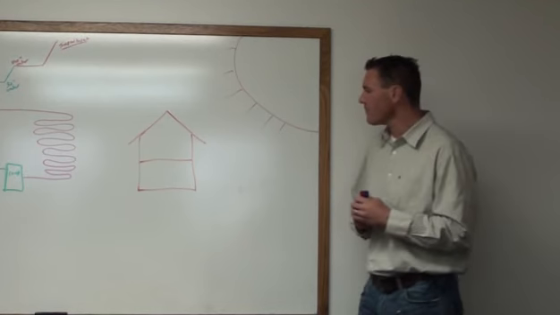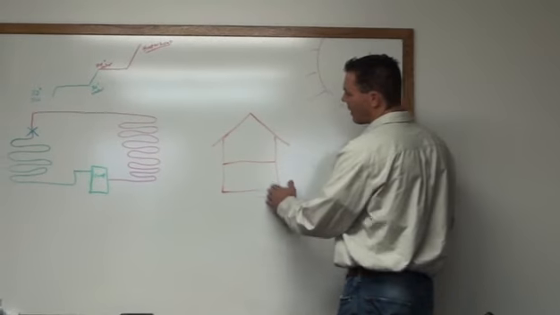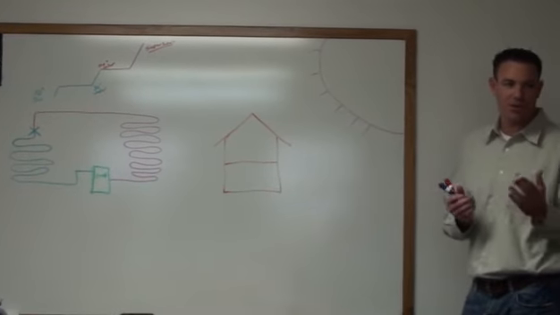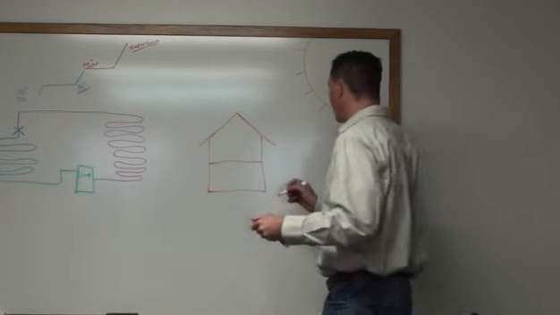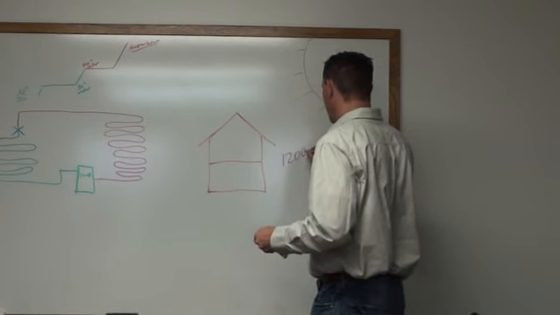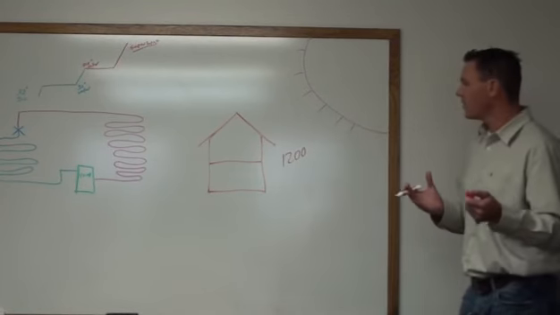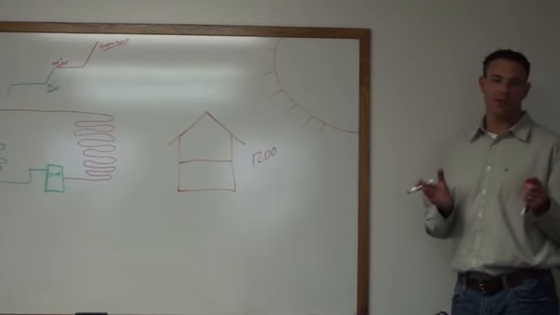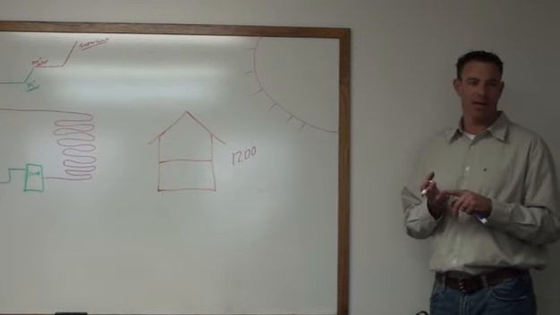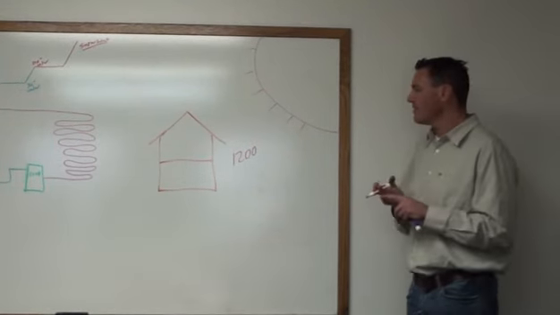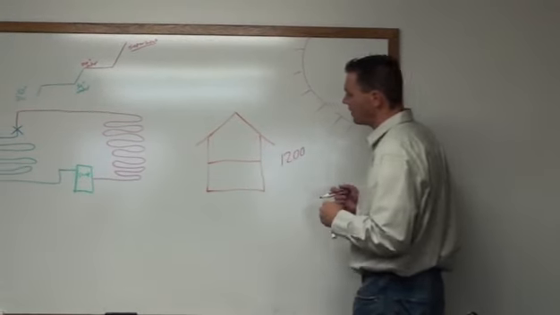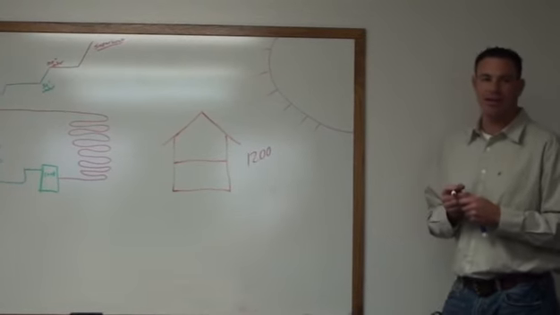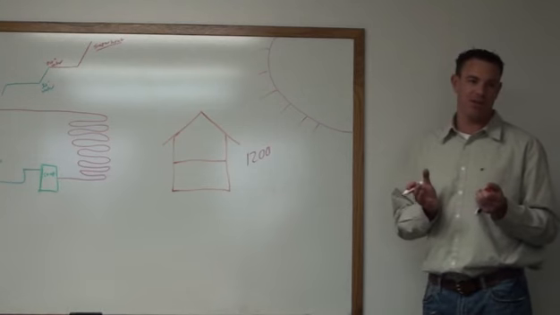Okay? If you just take a basic house, for instance, say it's a 1,200 square foot home. A 1,200 square foot home is just a thermal mass that's going to absorb energy or heat or sunlight. As that thermal mass, or that house, absorbs that heat, it's going to absorb a certain amount of BTUs of heat.